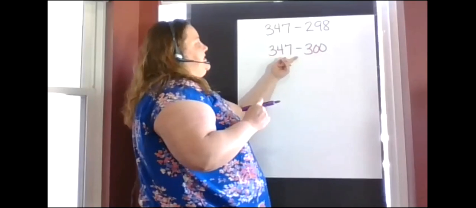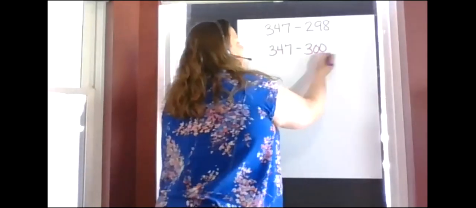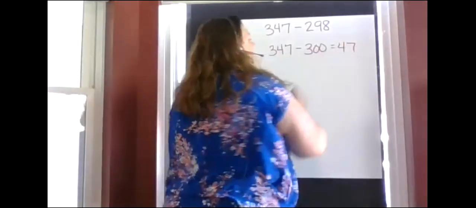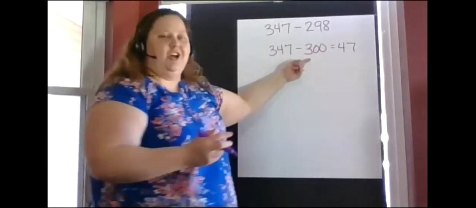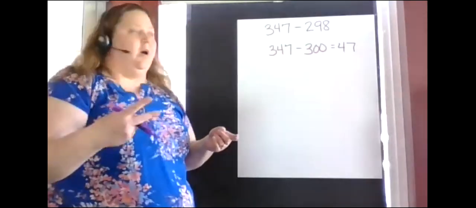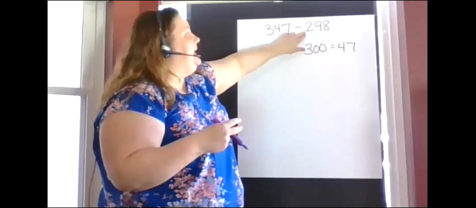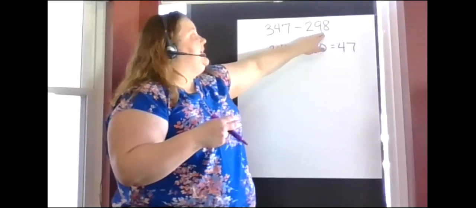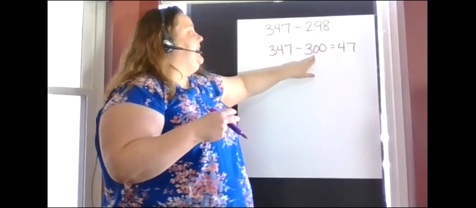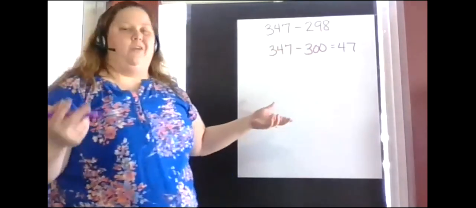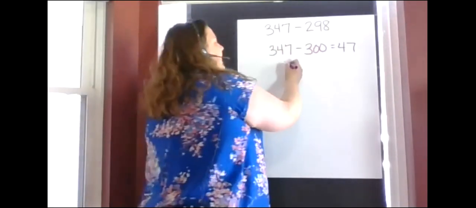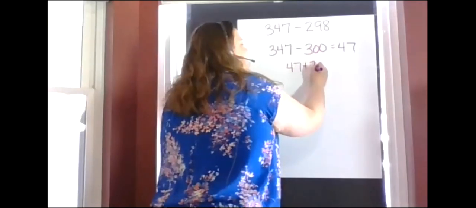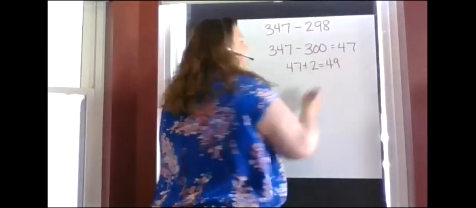So 347 minus 300 is 47. Well, now I know I took away 2 more than I needed to, because I only needed to take away 298. So if I think about, I took away 2 more than I needed to, I'm going to add those back in. 47 plus 2 is 49.